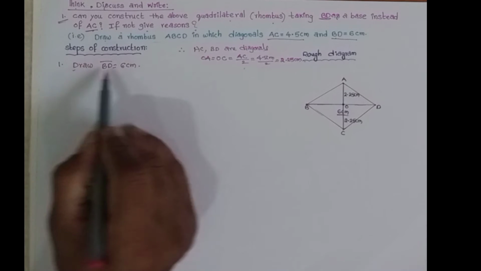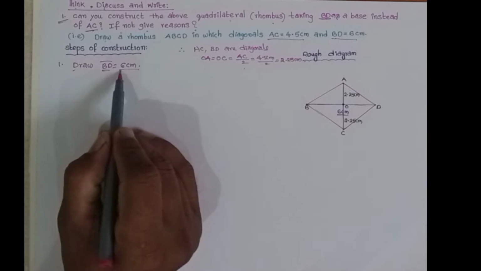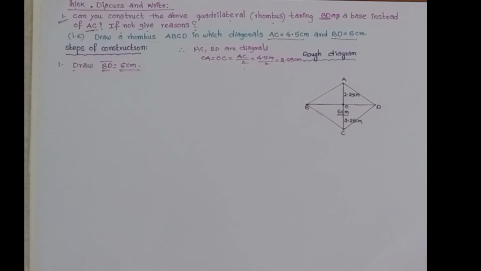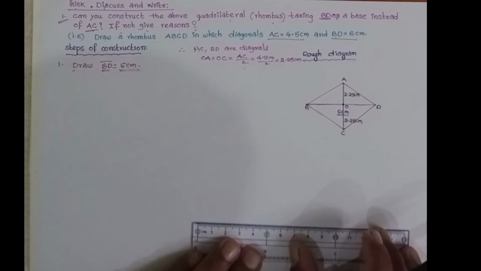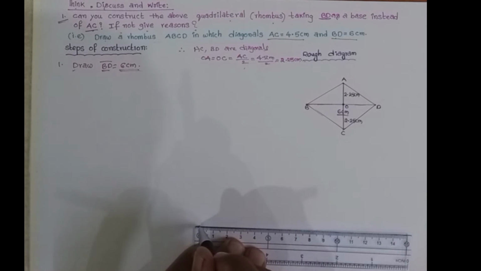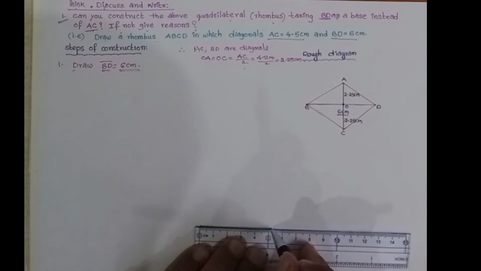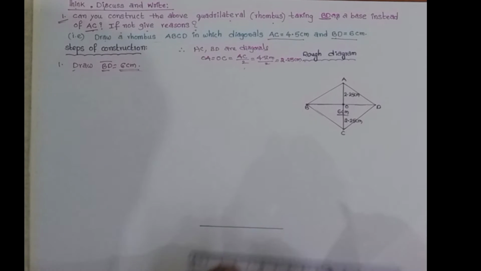First, draw line segment BD equal to 6 centimeter in length. So consider a line segment BD equal to 6 centimeter. Yes, this is point B and this is point D of length 6 centimeter. Now we are taking BD as base first.